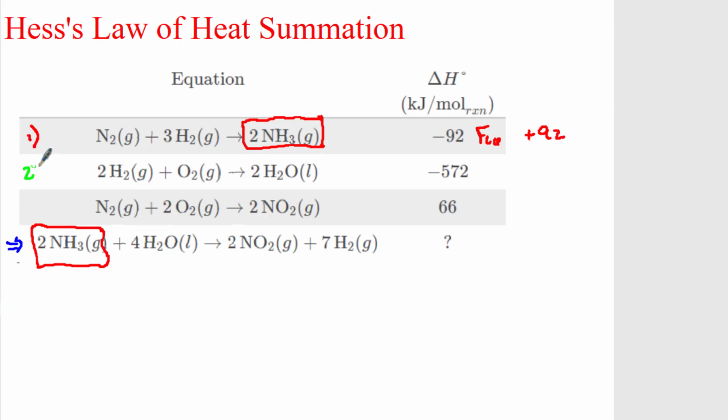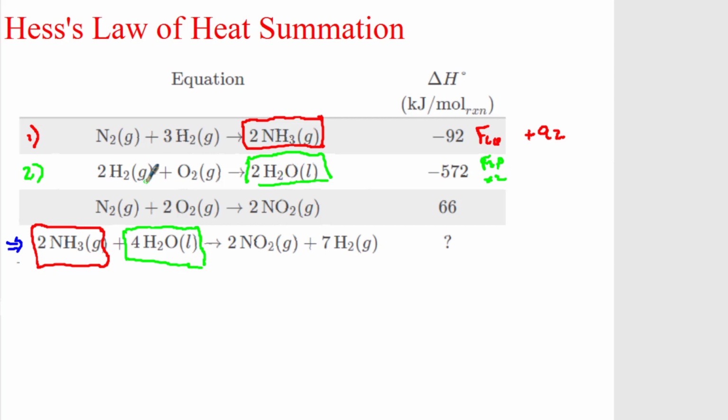Let's take a look at the second reaction. Is there anything in the second reaction that's in my final reaction? Well, you might go, well, H2. Well, do you see how H2 is in more than one reaction? So don't look at the H2. You're going to look at the things that are unique to the reaction. So let's take a look at the liquid water. We have 2 moles of liquid water, but we want 4 moles of liquid water on the other side. So we're going to have to flip this reaction, and we're going to have to multiply it by 2.